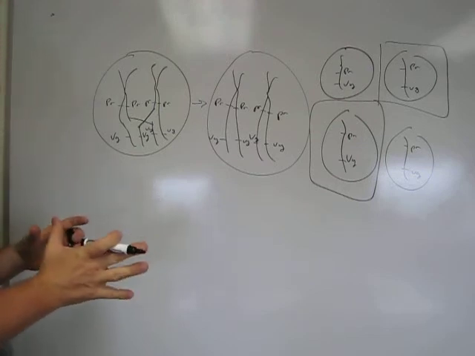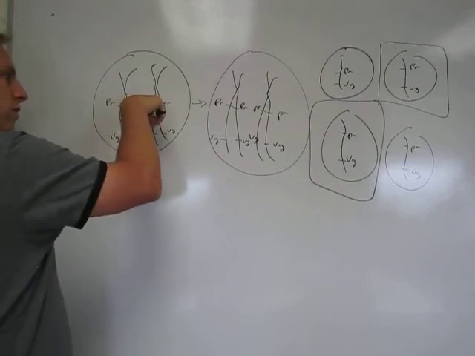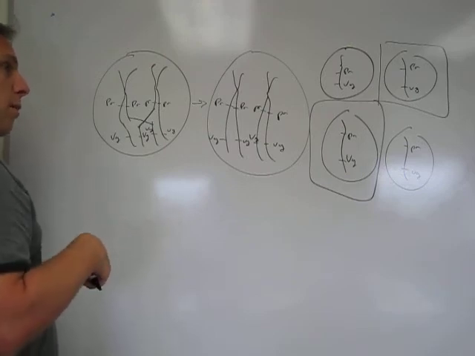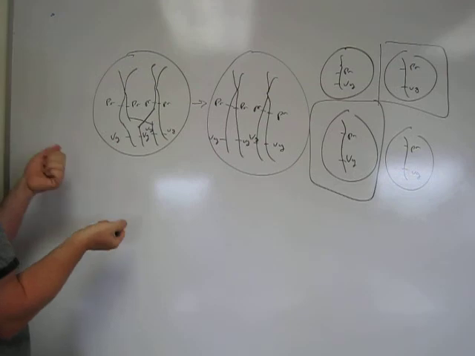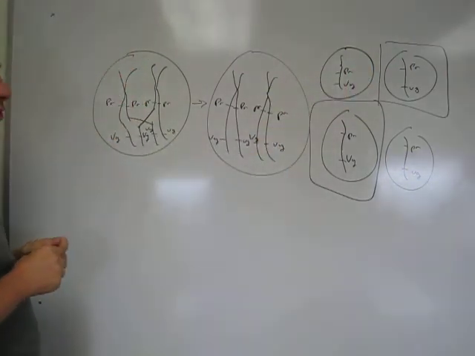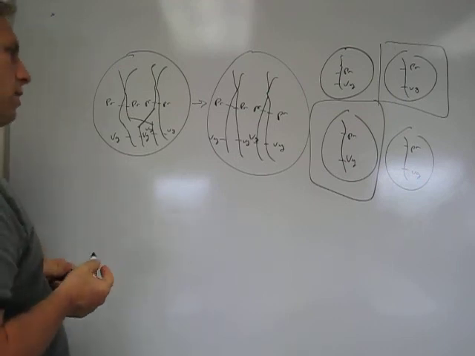What that means on average is that about 20% of the time there's a crossover somewhere between there. 20% of the time there's a crossover, but of those meiotic products that have crossed over, only half of them produce what looks like a recombinant progeny. So in this particular case, you can think about it that way.